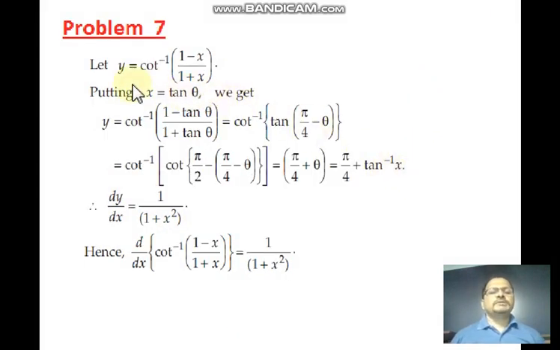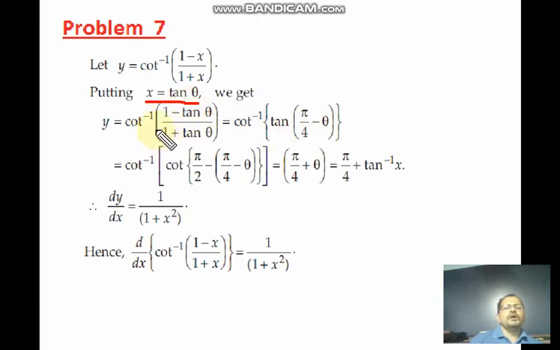The next problem is y equal to cot inverse of (1 minus x) upon (1 plus x). If I put x is equal to sin theta or cos theta or tan theta, I find x is equal to tan theta is the better option, because cot inverse of (1 minus tan theta) upon (1 plus tan theta) gives me cot inverse tan of (pi by 4 minus theta).